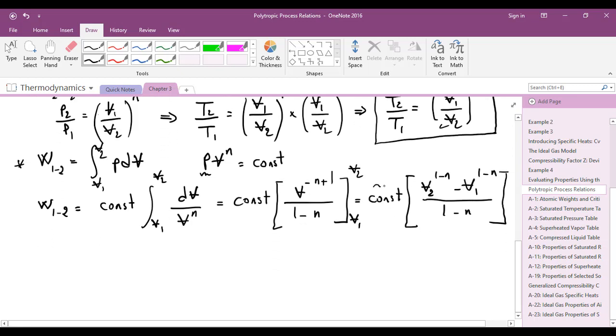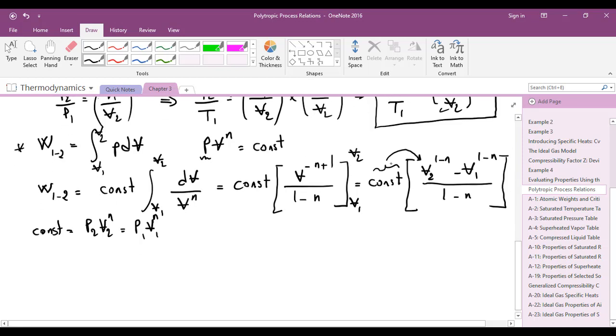So the constant can be either P2 V2 to the power n or P1 V1 to the power n. So when doing the multiplication, if we want to multiply by the first term V2, we can use the constant as P2 V2 to the power n. And when we multiply by V1, the constant is P1 V1 to the power n.